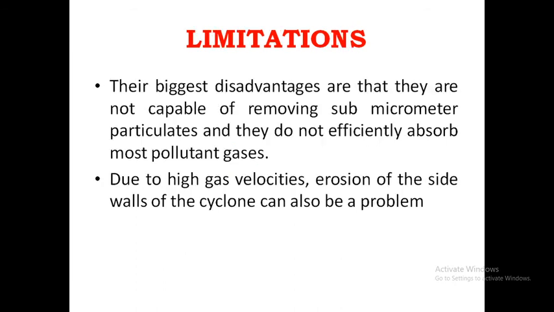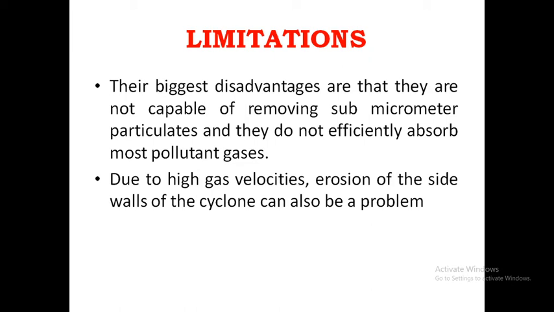Limitations of this device: the biggest disadvantages are that it is not capable of removing sub-micrometer particulate and does not efficiently absorb most polluting gases. Here we are comparing with the Venturi scrubber, so this device has lesser efficiency for this reason.